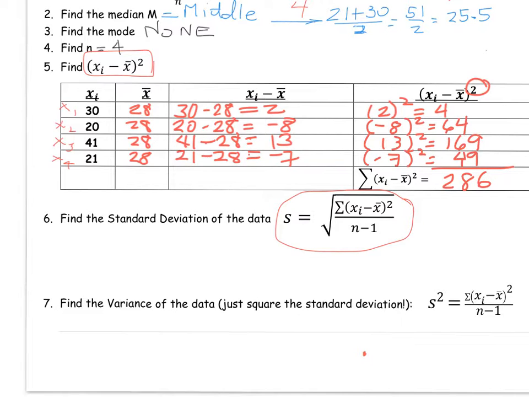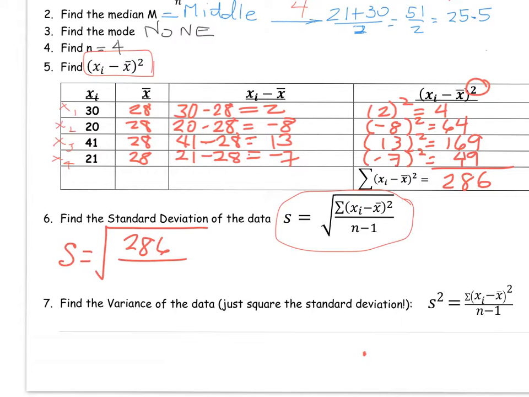Now we take our standard deviation formula, S, and in the square root, above the division bar will be the answer I just got: the sum of x sub i minus x bar squared, which is 286, divided by n minus 1.